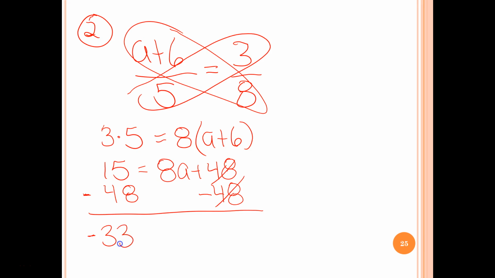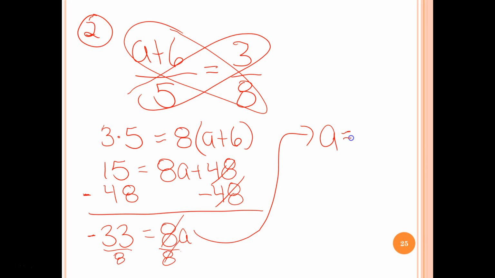So negative 33 equals 8a. And our last step is let's divide both sides by 8 to get a completely by itself. When we do so, if you plug this into the calculator, you'll see that a equals negative 4.125 or negative 4 1/8.